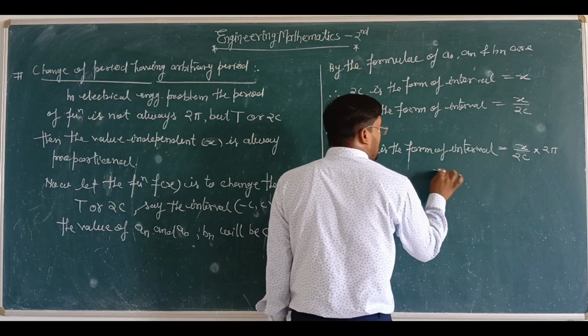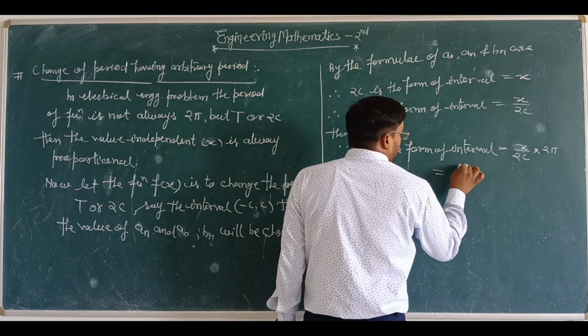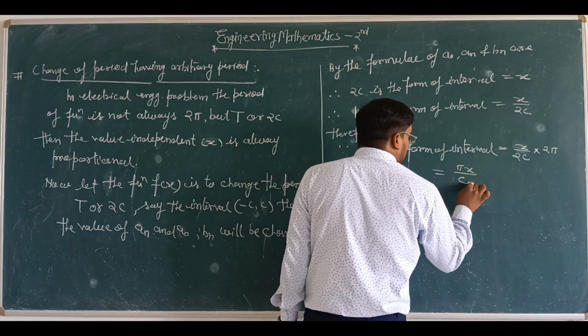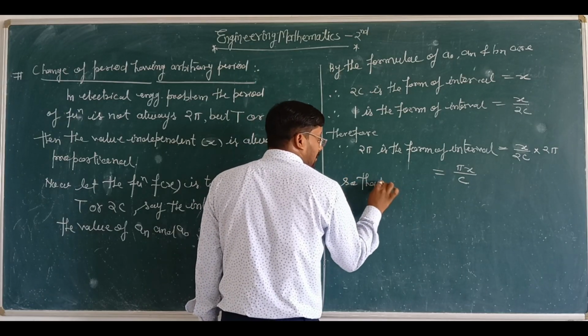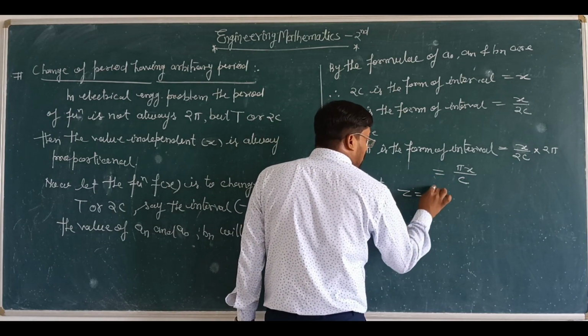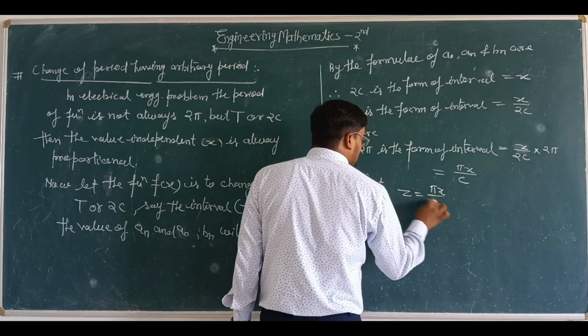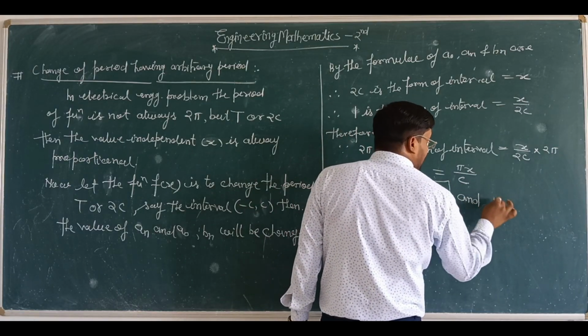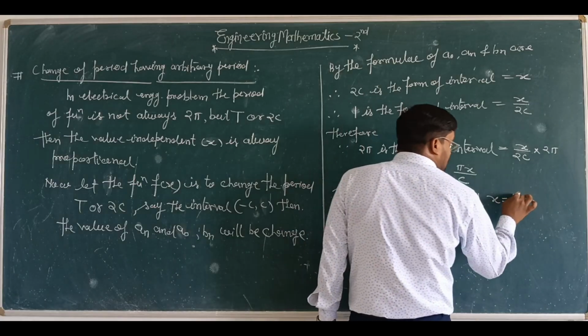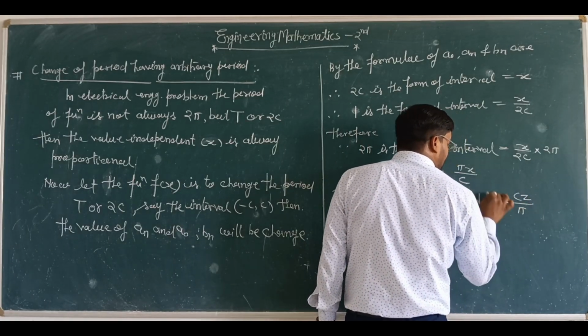Now this is equal to pi x upon c, so let this be the value of z equal to pi x upon c, and x is equal to cz upon pi.